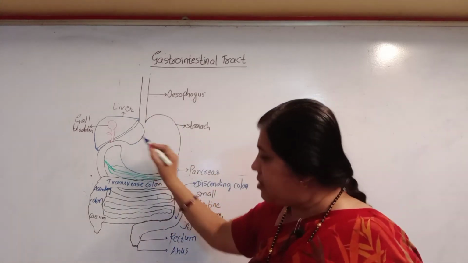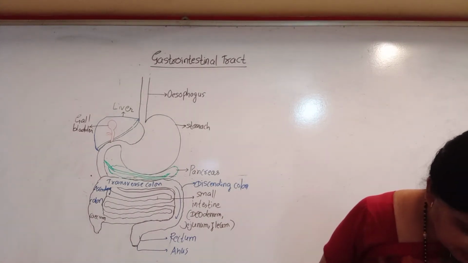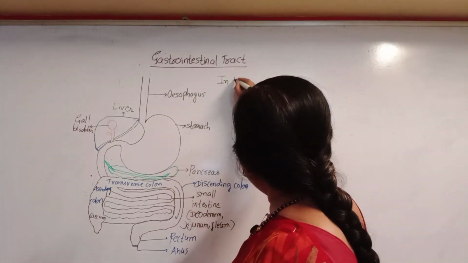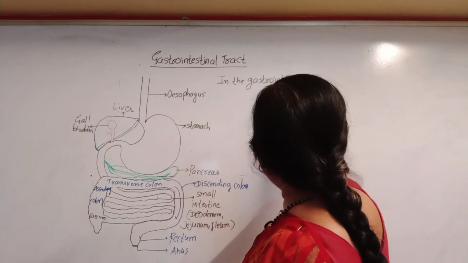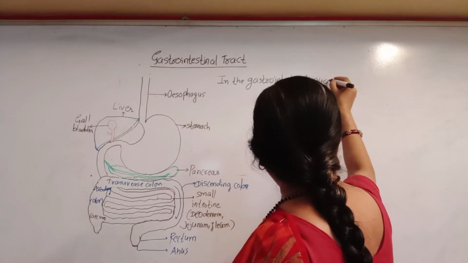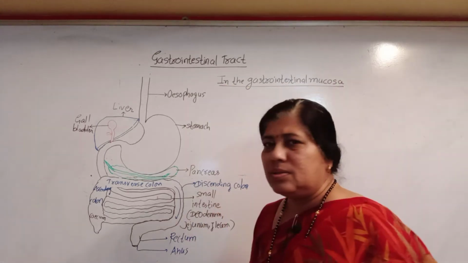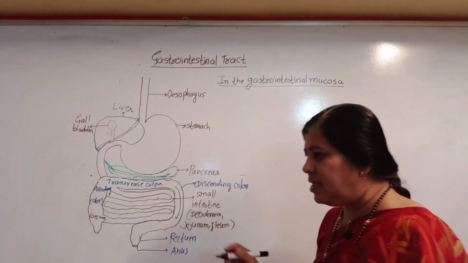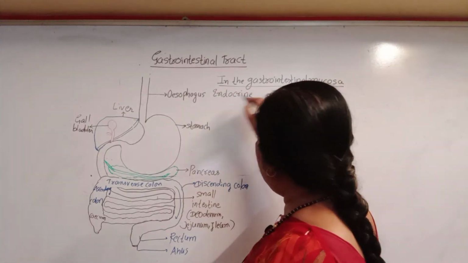So in the gastrointestinal mucosa, that means in the wall of the gastrointestinal tract, there are some endocrine cells scattered in the wall.